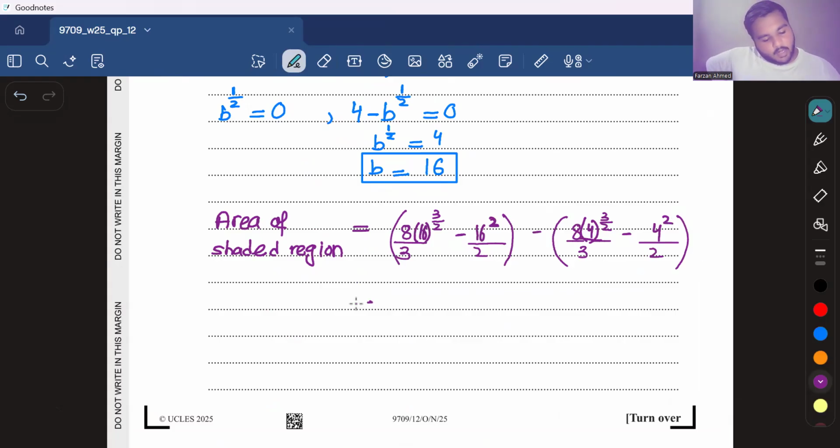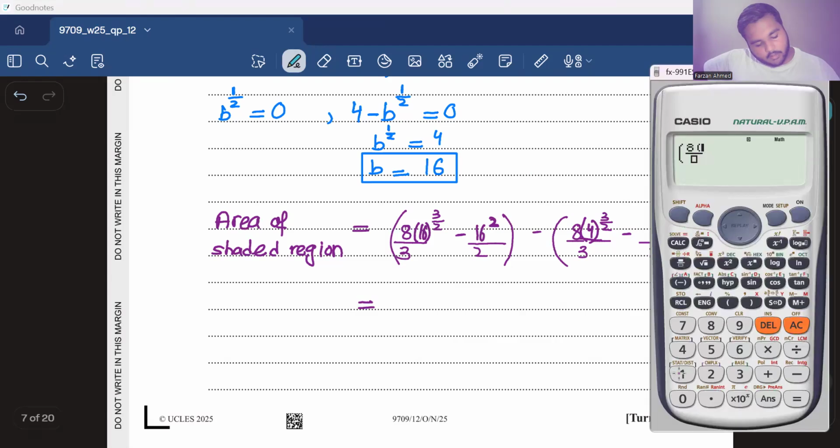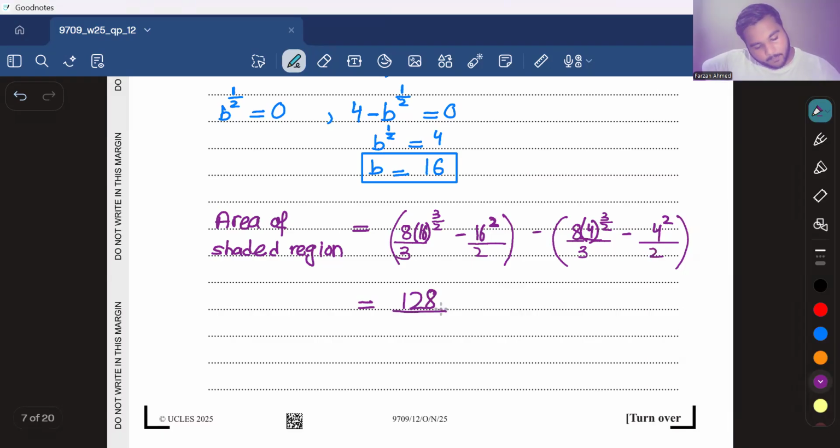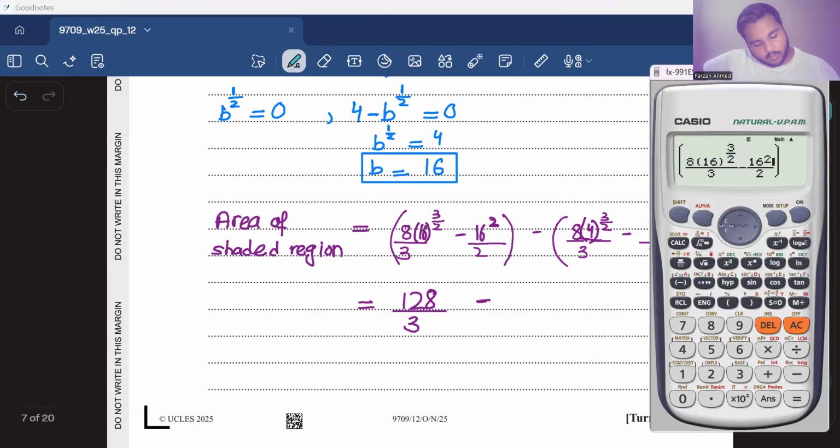So we will use the calculator for this. We are solving the first bracket, 16 raised to power 3 upon 2 over 3 minus 16 square over 2 bracket. So this is 128 over 3 minus, in place of 16 we will add 4.